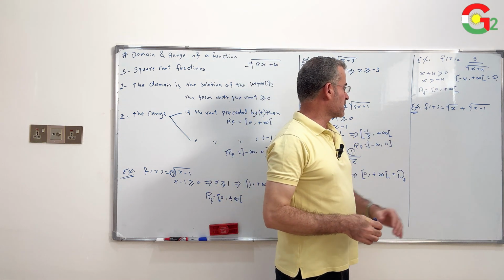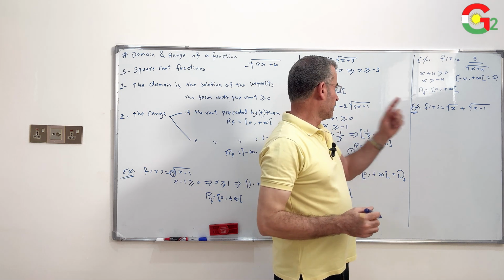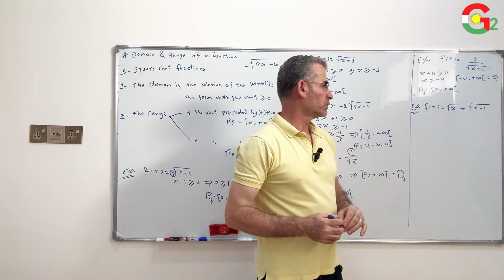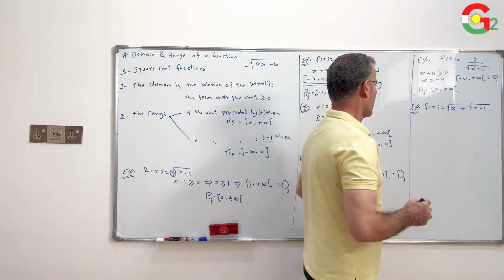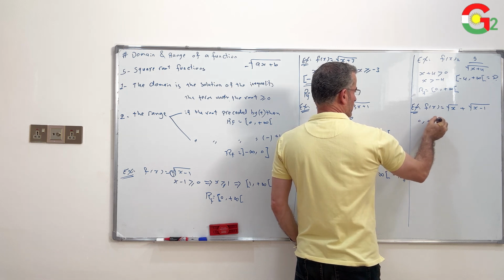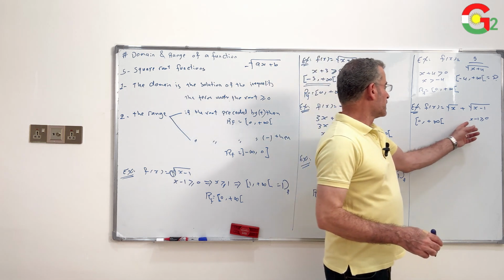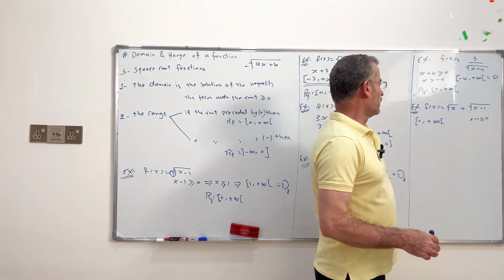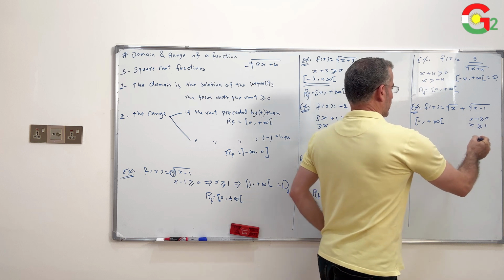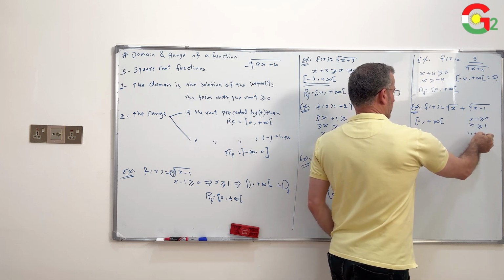Pay attention to this example, it is different. I have addition of two square roots. The domain of the first one is from 0 to positive infinity. Set x minus 1 greater than or equal to 0, then x greater than or equal to 1, then the domain of this square root is 1 to positive infinity.